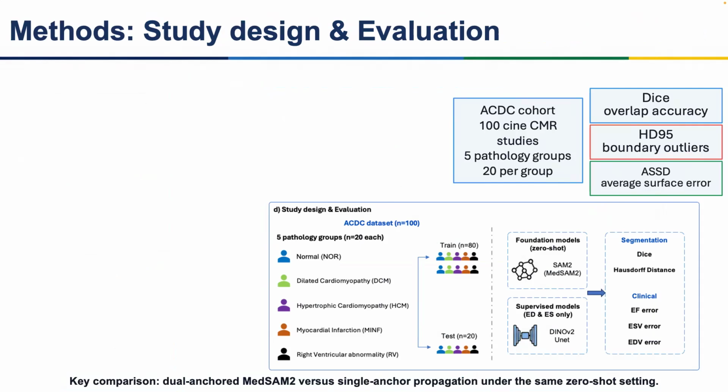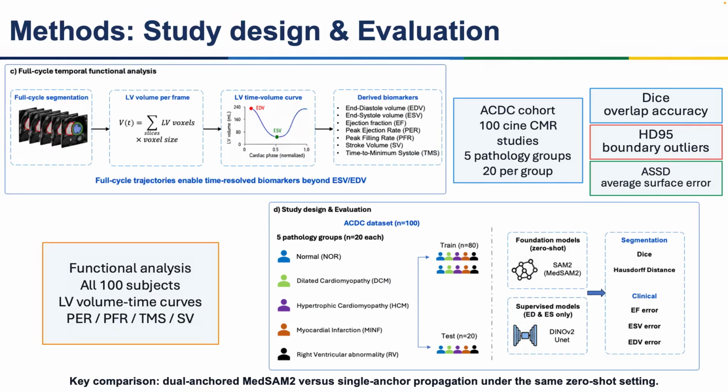So we evaluate the method on ACDC, which contains 100 Cine CMR studies balanced across 5 diagnostic groups. Segmentation performance was evaluated on a stratified 20-subject subset with 4 subjects from each pathologic group. Because ACDC provides manual segmentations only at ED and ES, quantitative Dice and surface distance metrics were evaluated at those annotated phases.